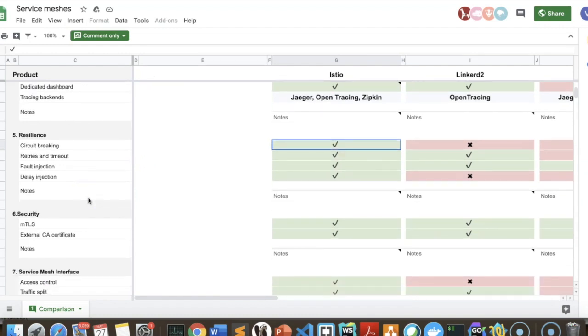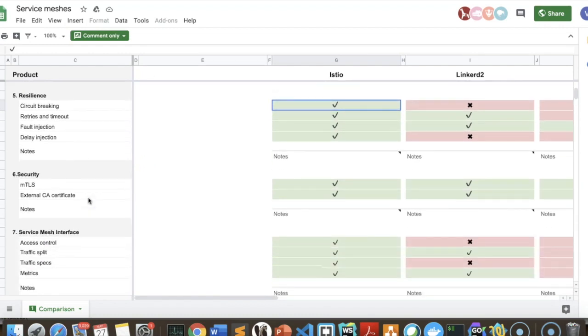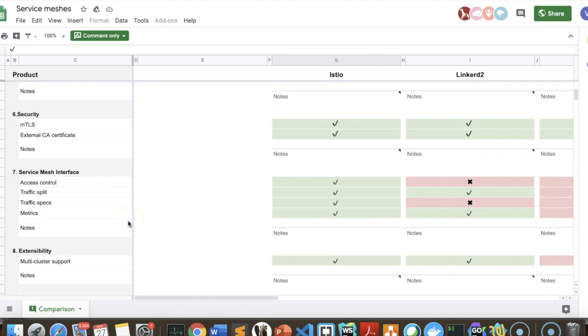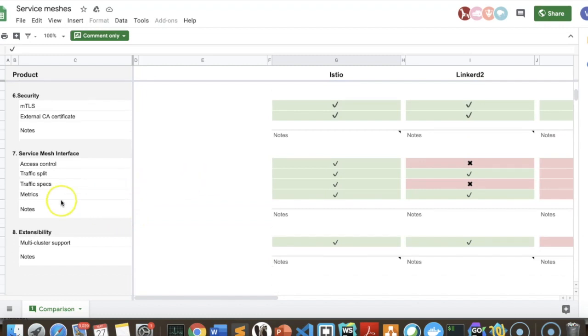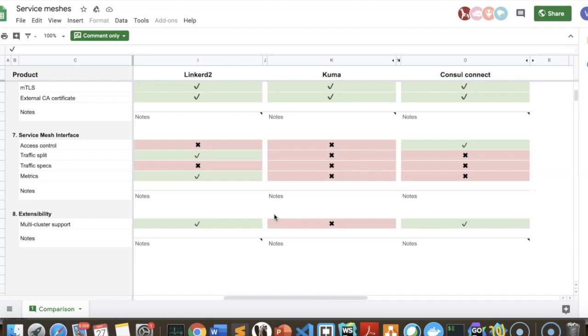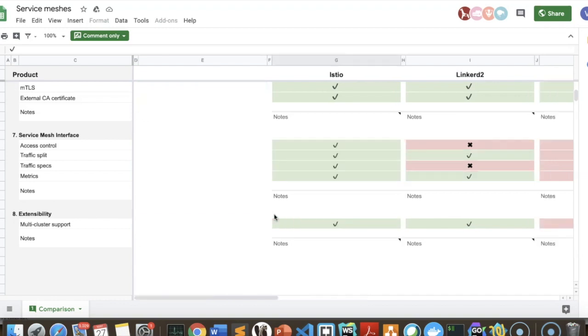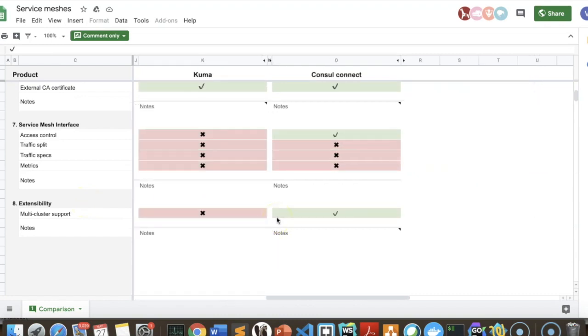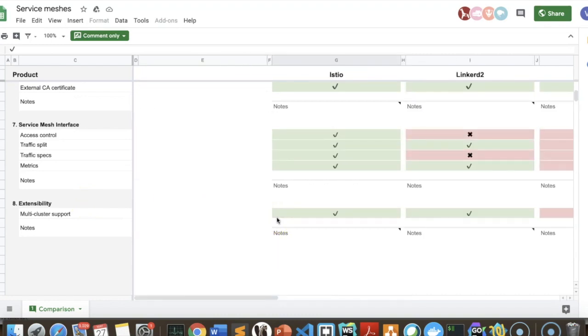Fault injection, delay injection, and of course on the security side they're almost the same. Service mesh interface is different, and Kuma, Linkerd 2 and Consul are lagging behind a bit. Extensibility, yes, except Kuma, everything has extensibility.